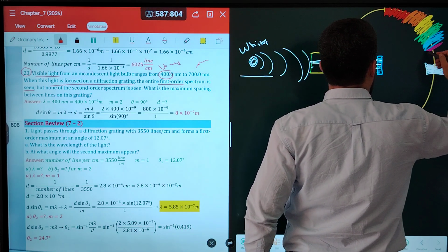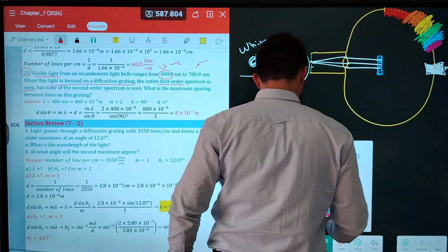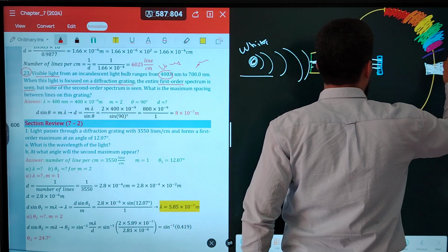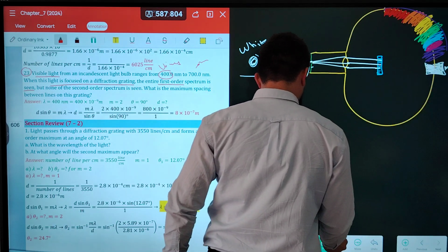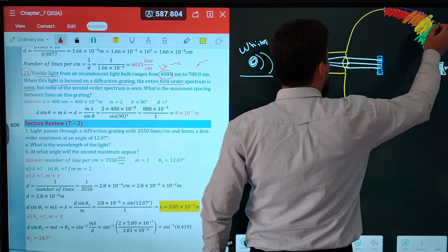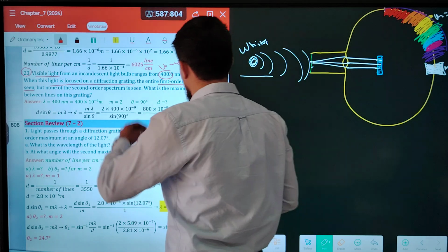Assume that this is indigo. Actually, it's not. And the violet. The last one is violet. The entire first order M1 can be seen.